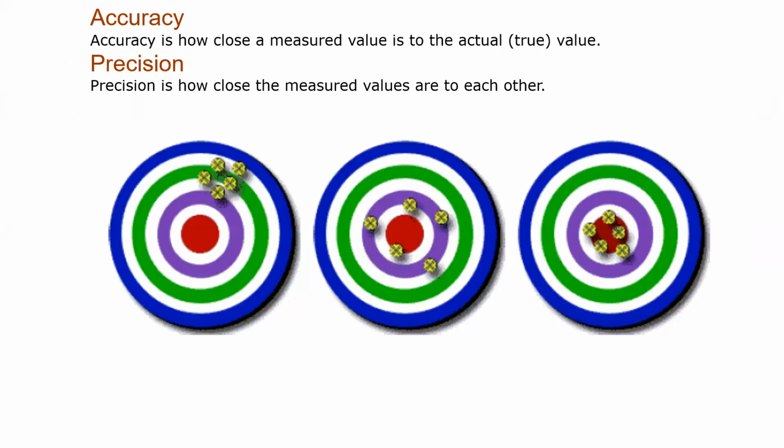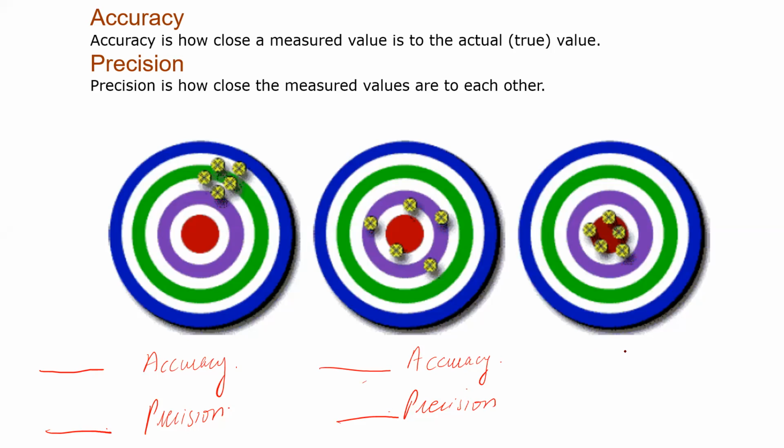So accuracy and precision in figure 1: is it low or is it high? This is what I'm asking you. Then about figure 2, I'm asking you again about accuracy and precision, and I would like you to tell me if this is low or high. And same for figure 3: accuracy and precision, is it low or is it high? Take a minute to understand this, and meanwhile, I will take your attendance, okay?